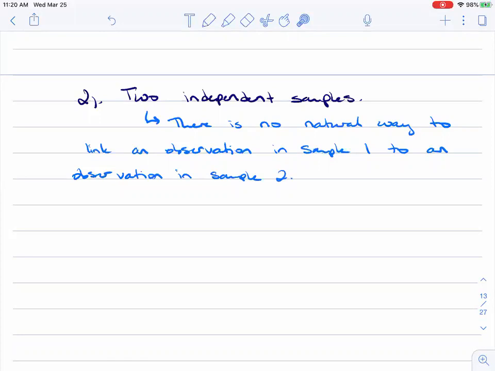And honestly, most likely, out in real life, you're going to be working with 2 independent samples, right? And so you're going to compare, you know, the speed of manatees to the speed of otters or something like that, right? And so now you're working with 2 independent samples.